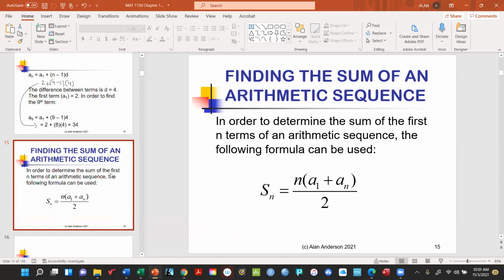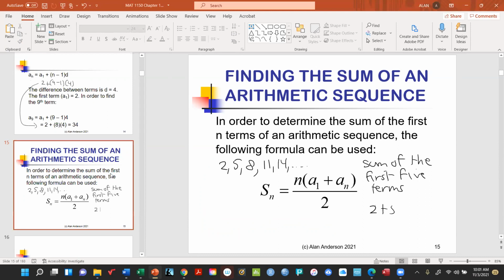For example, if you had the one we had earlier, 2, 5, 8, 11, and 14, what if I wanted to know the sum of the first 5 terms? Well, certainly we can add them up. But you can see this is going to get very awkward very quickly if we have to add up more than a few terms. All right, we got 15, 26, 40. That's right, isn't it?